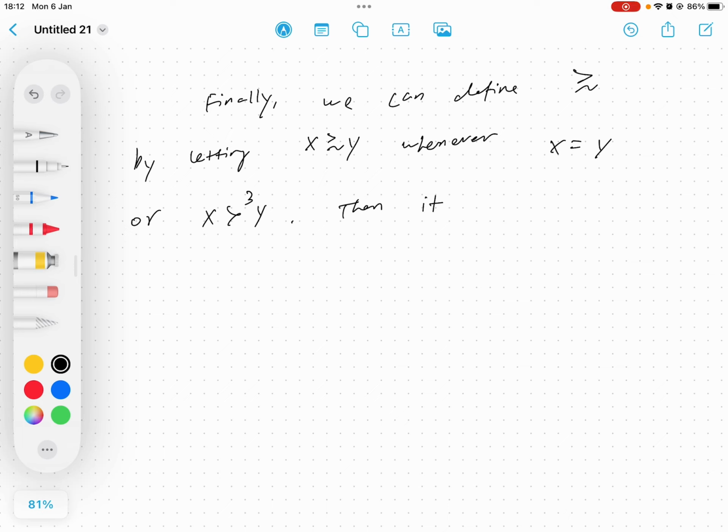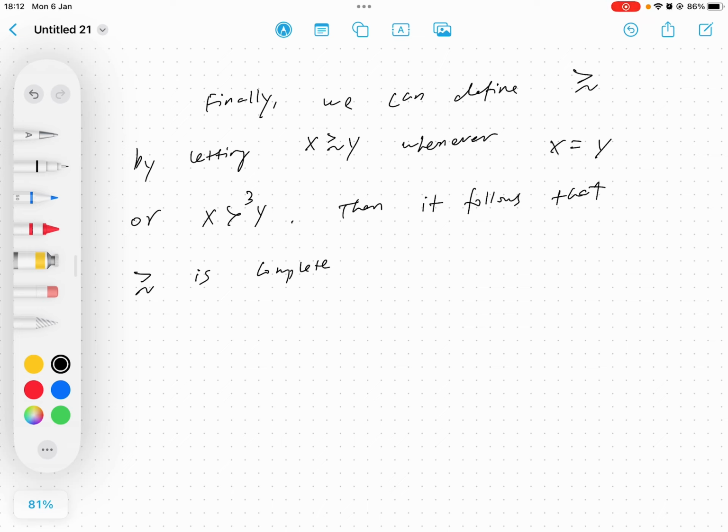Then it follows that this preference relation is complete, because Zorn's lemma gives us the so-called total extension, which is just another name for complete.